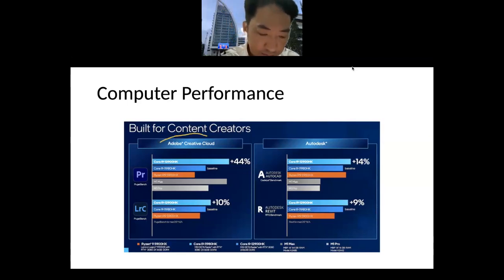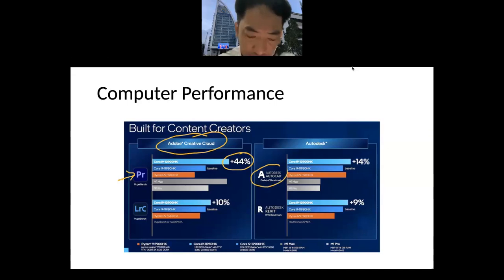Look here. Here is the Adobe Creative Cloud. The processor is about 44% better than the baseline if you use this program. And if you use AutoCAD, it's only 14% better. But if you use Revit, it's only 9% better.